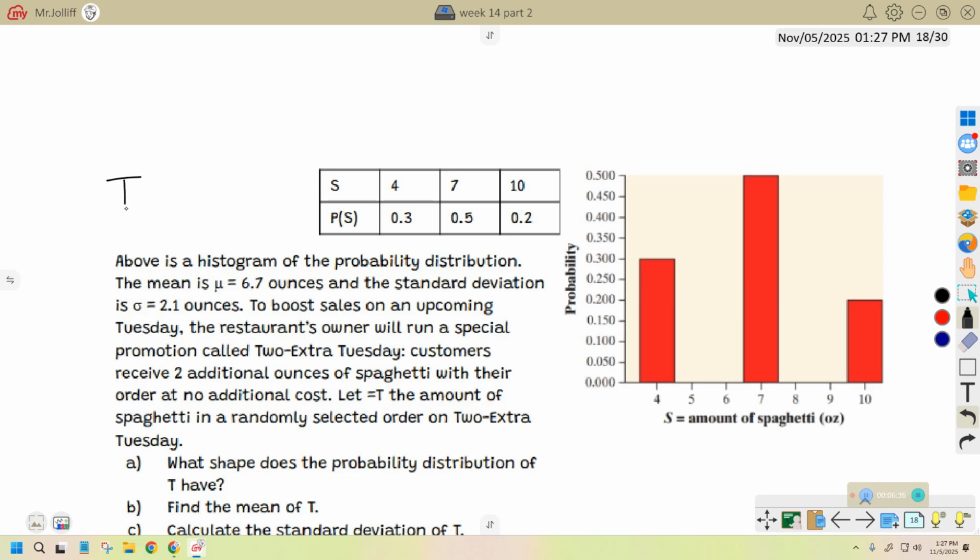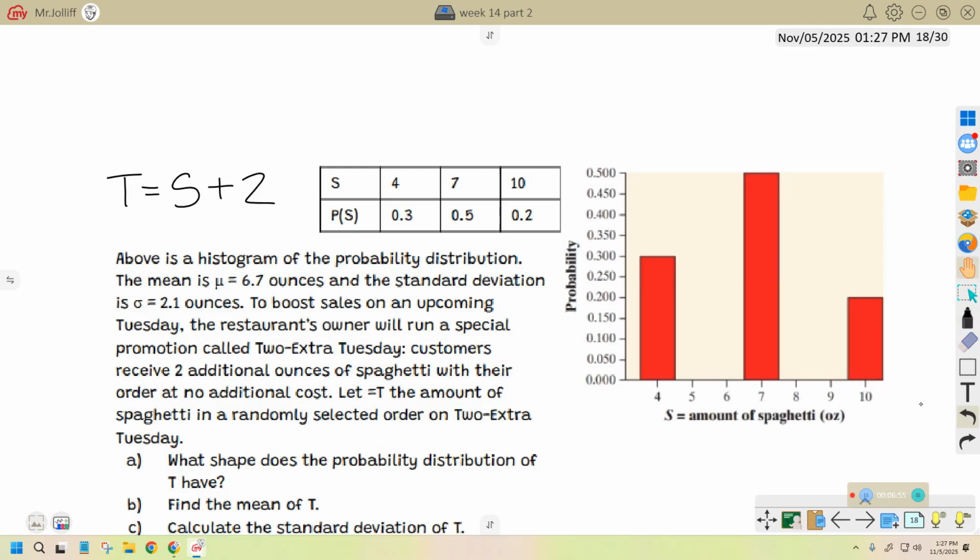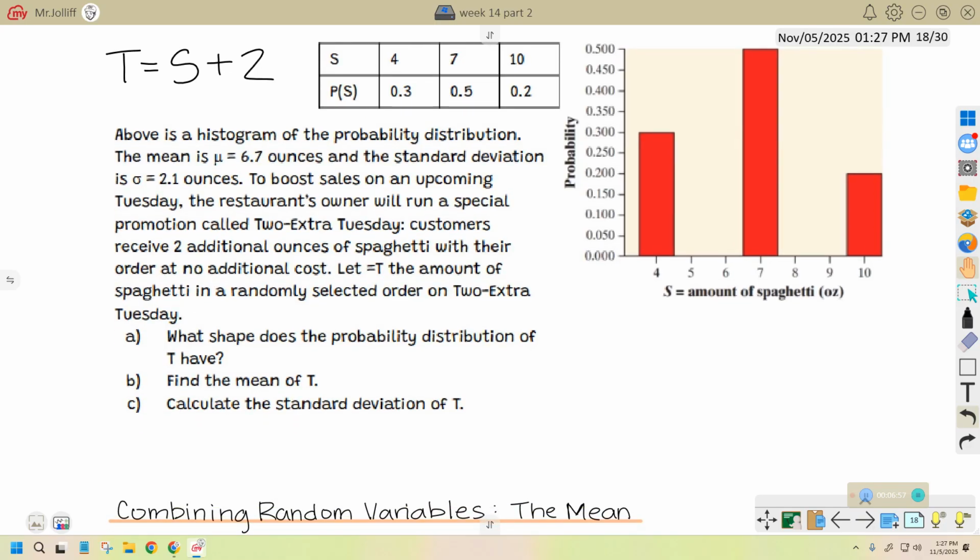So T is equal to a standard order of spaghetti plus the 2 extra ounces for Extra Tuesday. Yes. So T is S plus 2, which means I am in the adding a constant to my distribution category, which means I know the answers to these questions without having to do a whole lot of math.